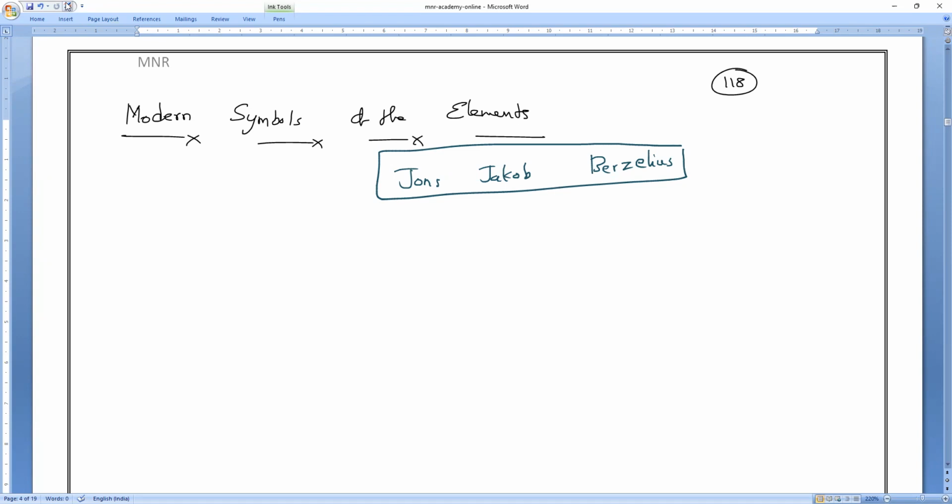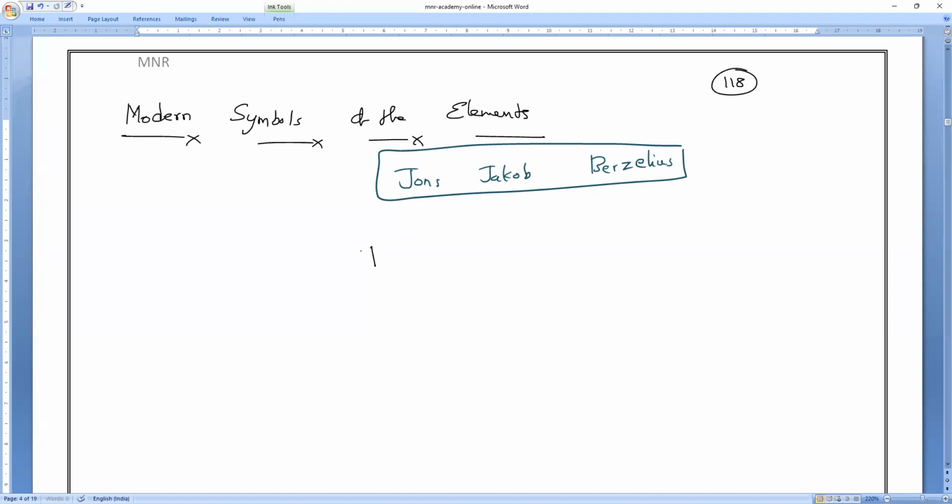After that it was started. Before that we had some other symbols, but that is all history, we are just studying it for history.